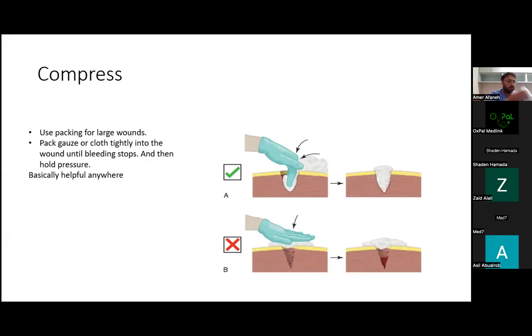So in the same kind of model I have here, you teach people how to pack a wound, and you teach them to pack in very tight and pack it in deep first, and then you keep packing until you can't pack the wound anymore, and then you teach them hold pressure, two hands very tight until you don't see any bleeding anywhere. Anyway, so this can be helpful anywhere in the body.